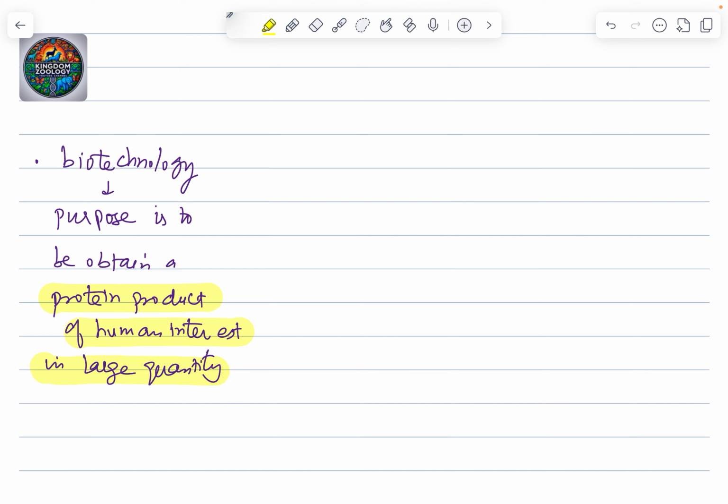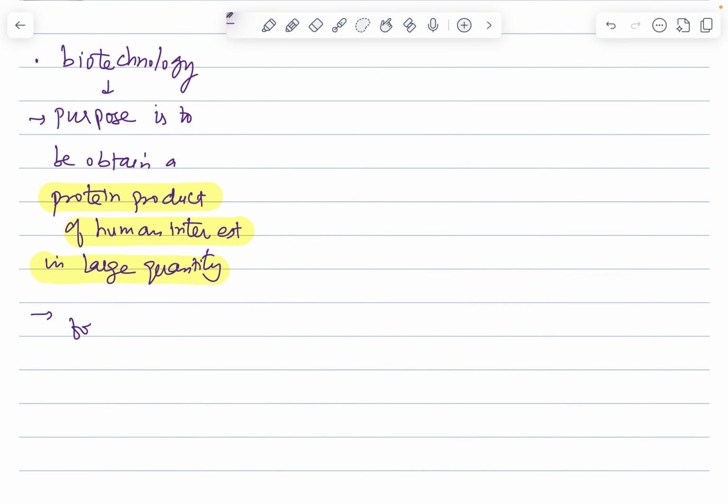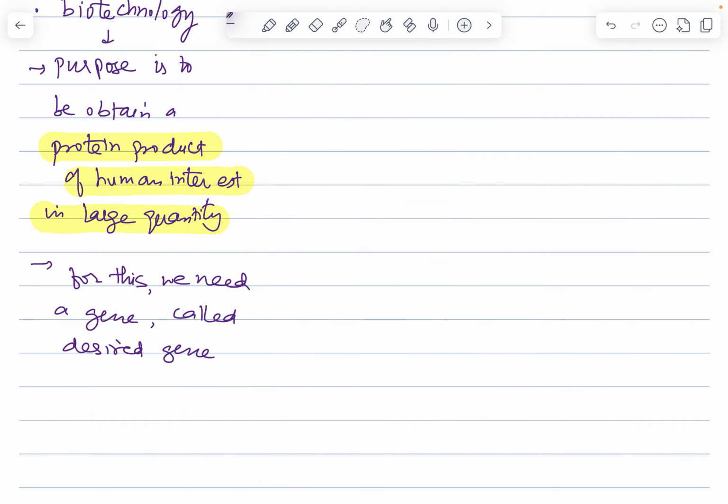So the purpose is to obtain a protein product of human interest in large quantity. For this, we need a gene which can be called the desired gene, the gene that will be coding for our desired protein product.